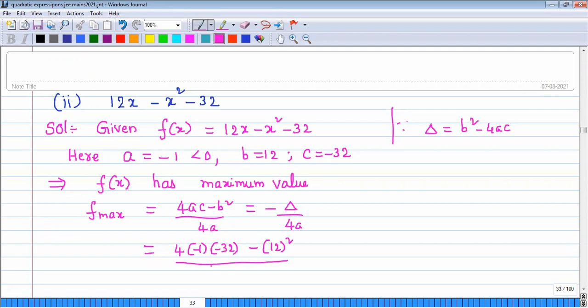Yes, now what do you get? 4a means 4 times minus 1. Now simplification, tell me. Negative into negative 4 means minus 128 minus 144, upon 4. So 4 3 ja 12, and 4 3 ja minus 4.